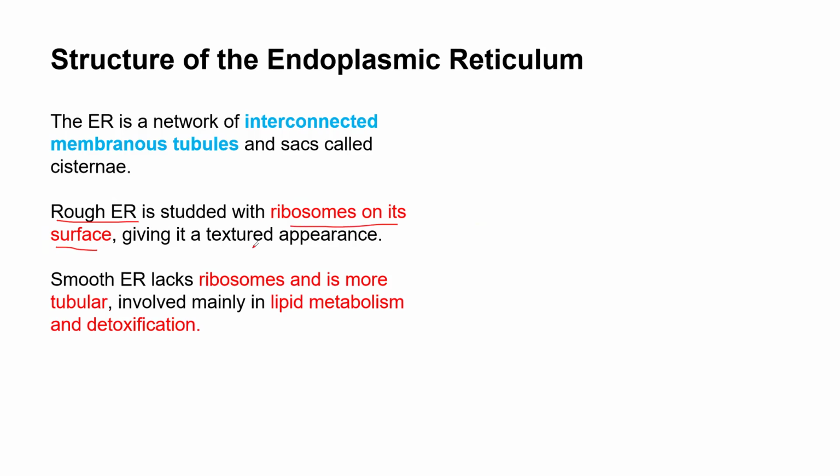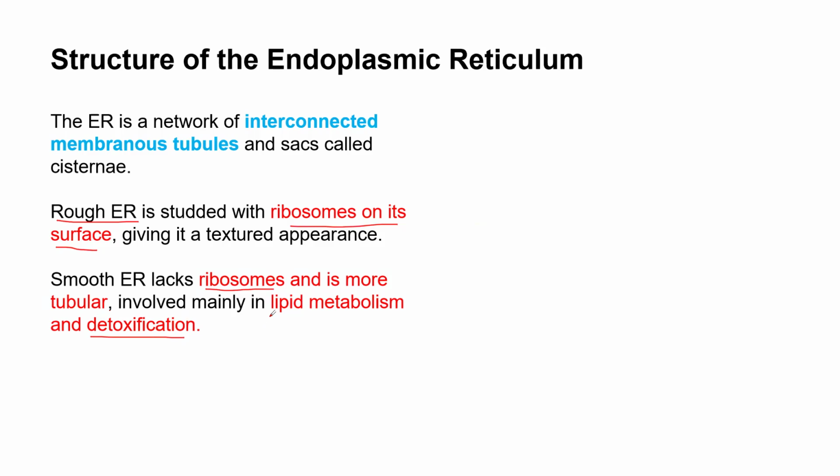In the case of smooth endoplasmic reticulum, it lacks ribosomes and is more tubular, and it is involved in lipid metabolism and detoxification. The detoxification and metabolism of drugs are known to take place in the smooth endoplasmic reticulum. So all drugs that we take are detoxified and metabolized in the smooth endoplasmic reticulum.